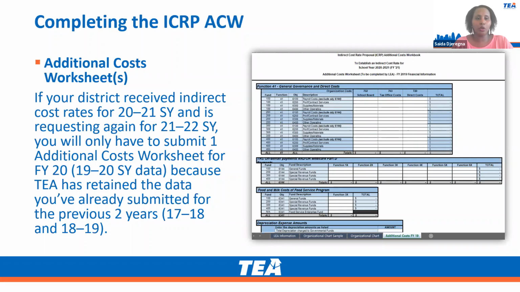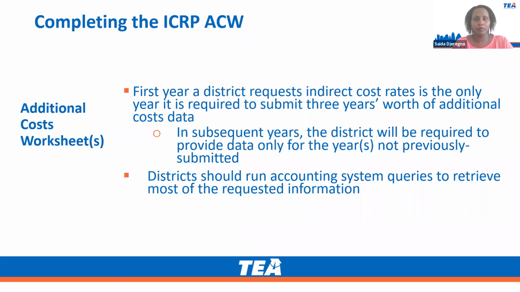Please note when you're completing the ACW that the fiscal year noted in the heading of the worksheet matches the data that you'll be entering into the workbook. Like I mentioned in the previous slide, the first year is the only year districts are required to submit 3 years worth of data.